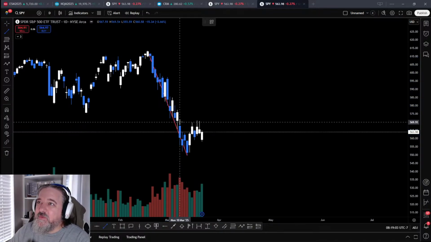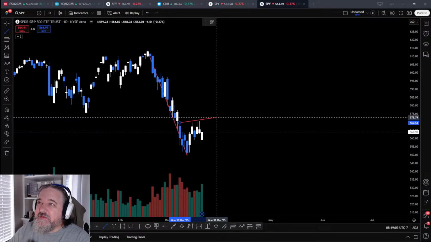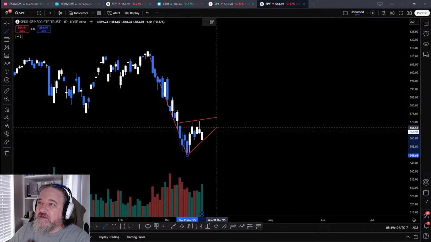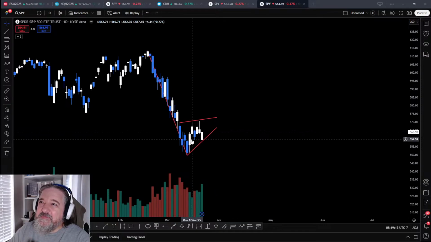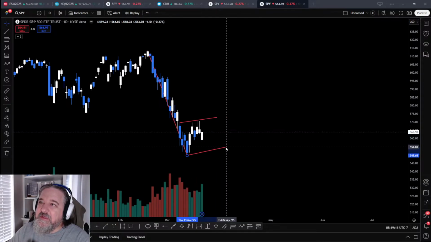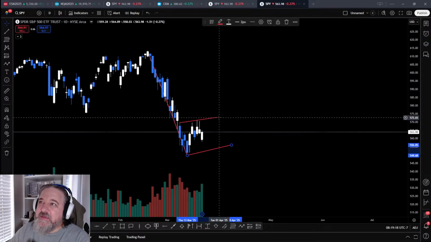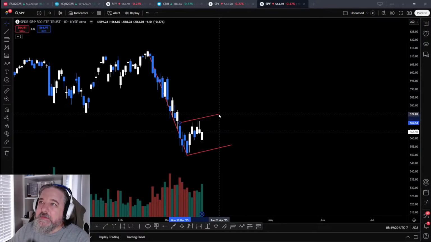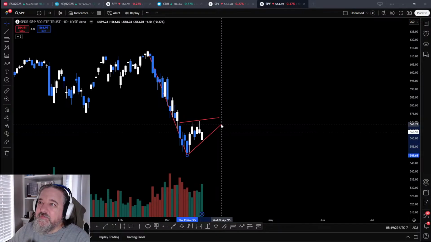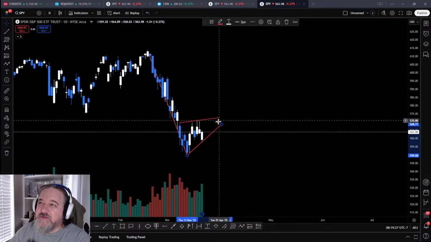We're going to get through this pretty quickly. And this would be the top of our flag, and this here would be the bottom of our flag. And to me, it's a bear pennant in the sense that normally if we were looking at a flag, it would be more shaped like this, if that makes sense. Whereas this is kind of forming like a triangle at the bottom, right?